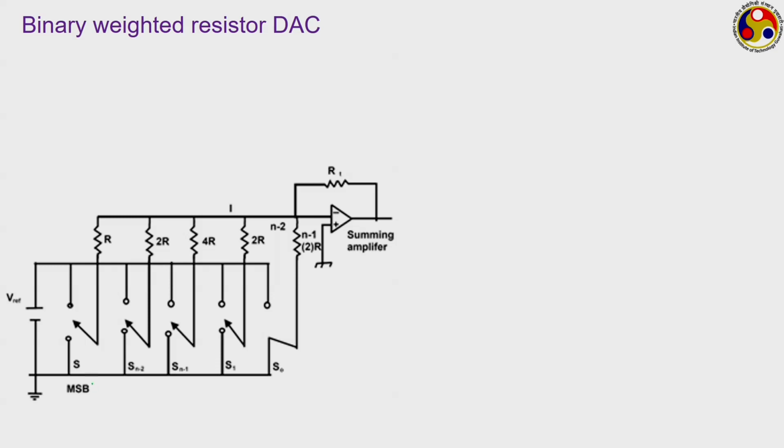If the value of the register connected to the most significant bit is R, then the one connected to the next one will have double that value, 2R, the next one will have a value of 4R, and it will keep on going this way. So, we have a network of n number of switches. These switches are controlled by the binary input of the corresponding bit.